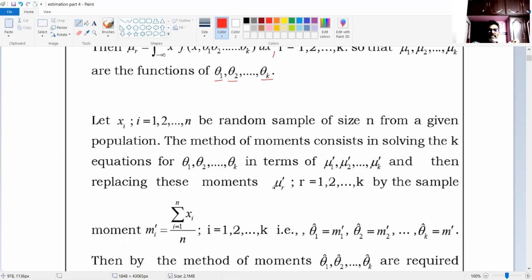Let x i, i equal to 1 to n, be a random sample of size n from a given population.